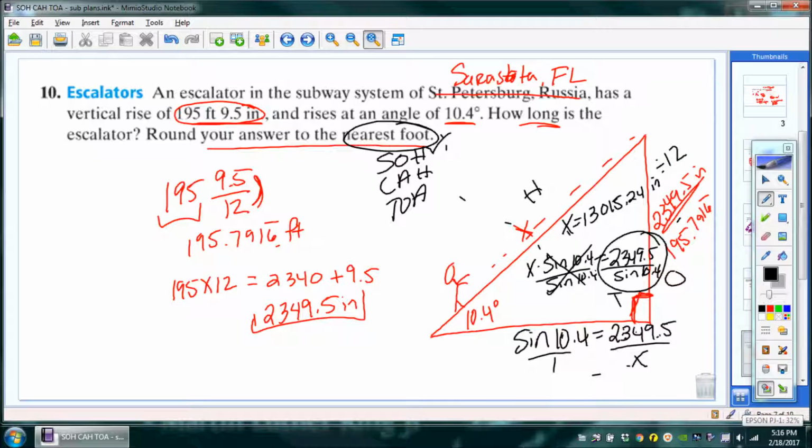I'm going to divide by 12. So that's going to be 1,084.6. Round to the nearest foot is 1,085 feet. So if you want to keep it in feet, that is fine. Just don't forget about this little portion at the end. For me, I'm just going to change it to inches and then convert it back.